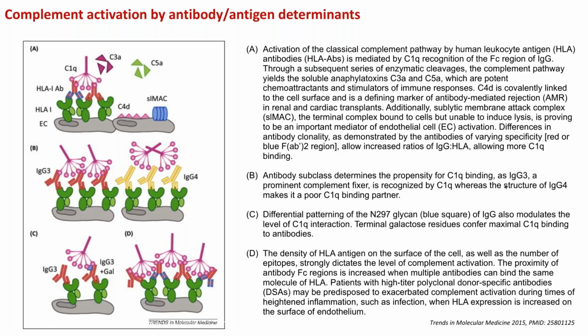One study showed that the antibody that was present predominantly in acute AMR was IgG3 subclass, whereas the one that was predominant in a subacute or a subclinical AMR was IgG4. Again, these types of studies have to be validated in other centers, but it is important to remember that not all antibodies trigger this event. What is this event? Making C1q bind. Now that event is not equal for all antibodies. IgG3 and G4 may differ.